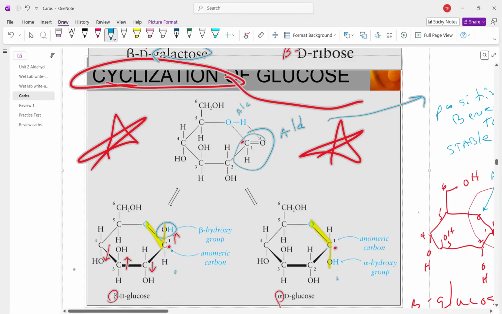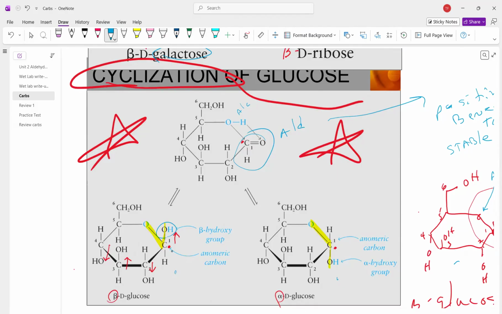So you have two versions of glucose, an alpha and a beta. Beta goes up, alpha goes down. So when you specify the glucose, you have to specify whether it's a beta or an alpha version.